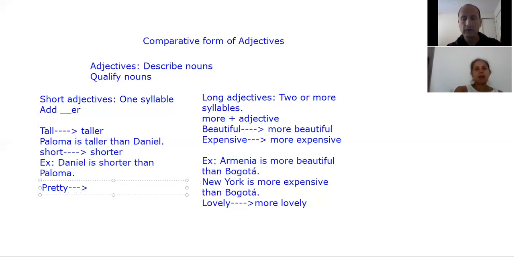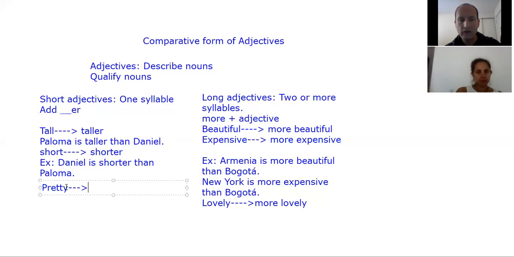No, que aquí dice que long adjectives son 2 o more sílabas, pero yo creo que más que 2 son 3, porque cuando son 2 son en el otro lado, mire, pretty. Some of 2. Algunos de 2 sílabas pueden encajar acá, o algunos de 2 sílabas pueden encajar acá. Por ejemplo, pretty.